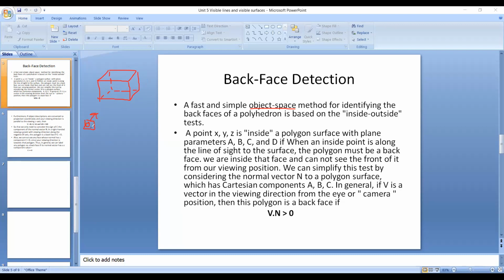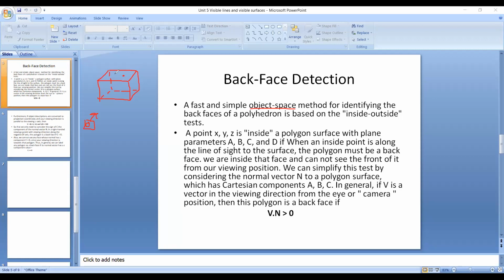Now, if I am looking from this particular camera, then the faces which are visible are 1, 2, and 3, for example. These 3 faces will be observed, while the remaining surfaces are on the back side. जर मी back side चा हा एक point घेतला, which is at the back. Okay.